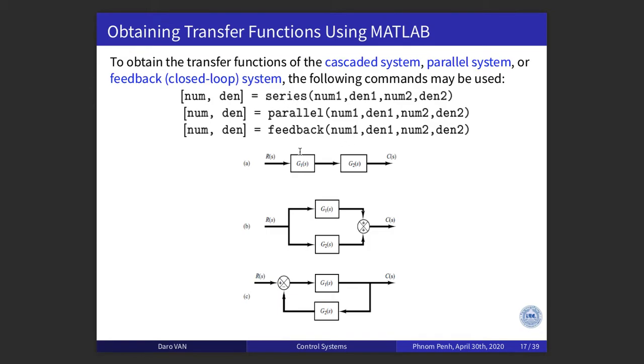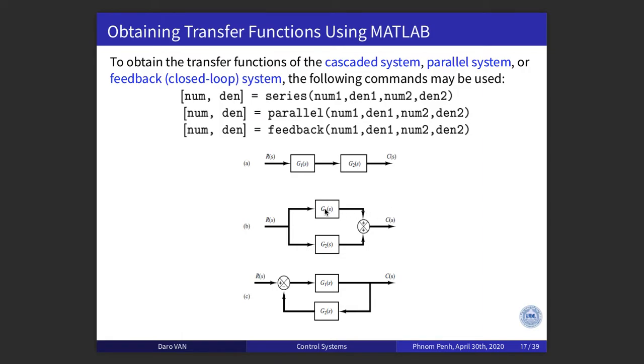If two transfer functions are connected in series like this, you can use this command, and then you need to specify the numerator of G1, denominator of G1, numerator of G2, and denominator of G2, and the output. This is the numerator and the denominator of C(s) over R(s).